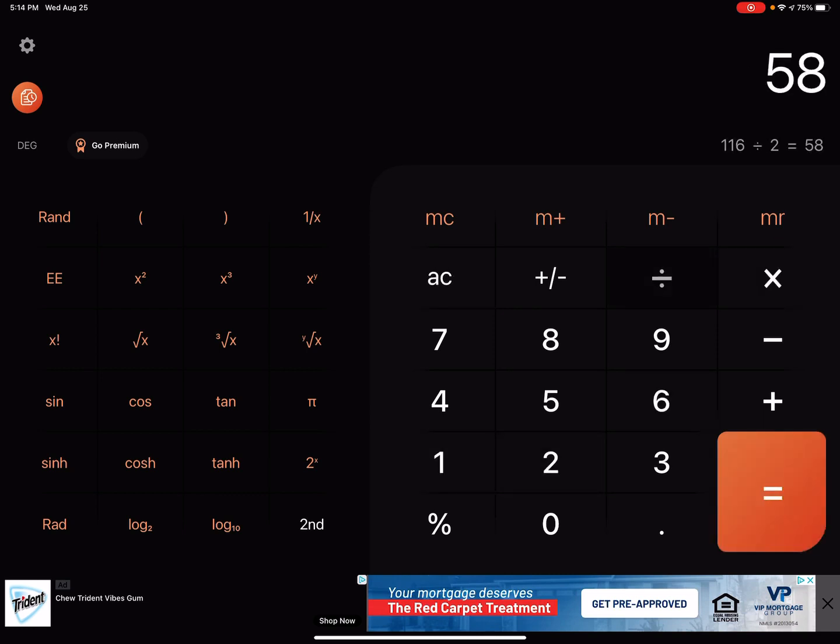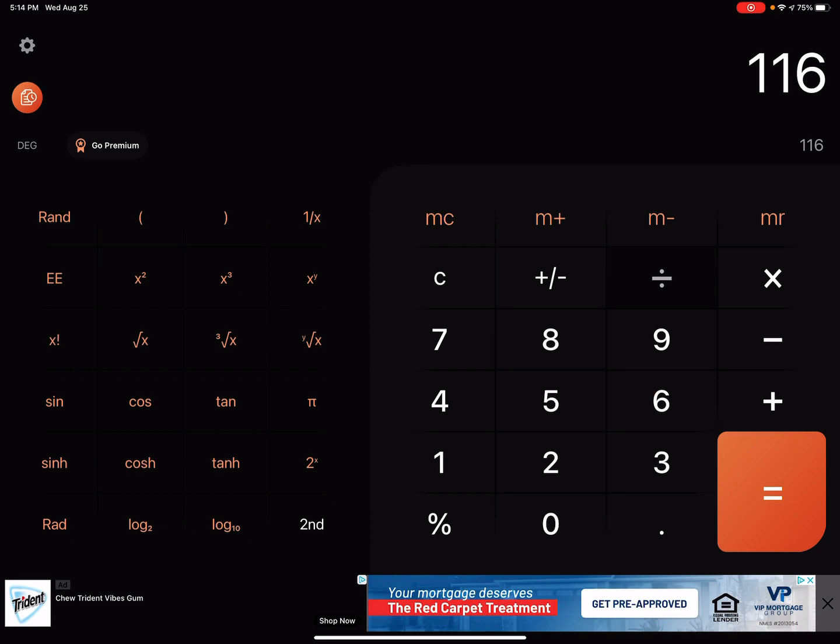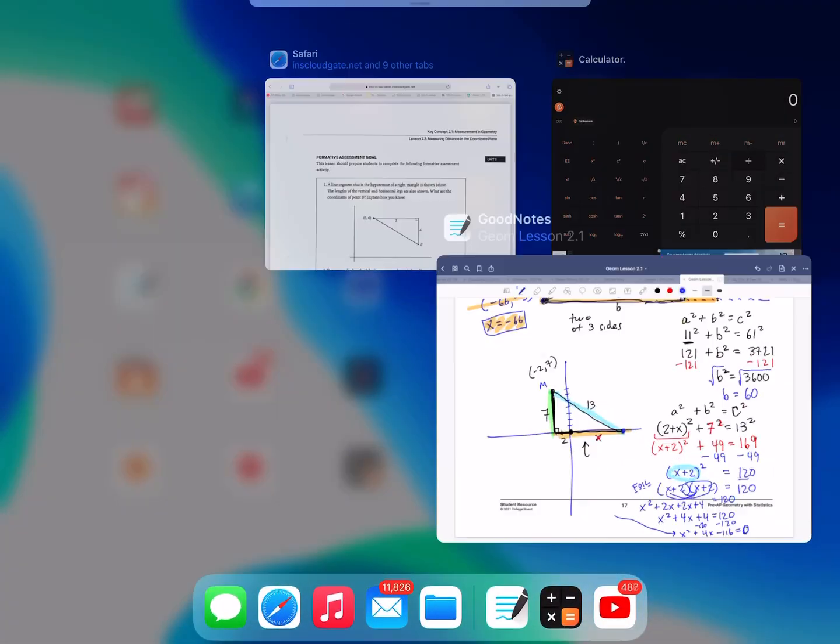So 58 and 2. What's 116 divided by 4? 29 and 4. What's the square root of 116? 10. Okay, so it's probably less. What's 116 divided by 12? No. 116 divided by 8? No. 116 divided by 7? No. All right. We're not sure, right?